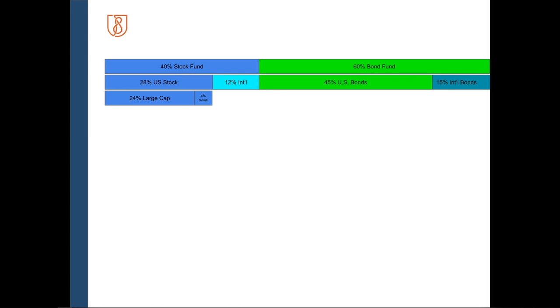Now, if we take just the US stock portion of this example portfolio, we'll say, well, not all US stocks are created equal either. A person who's able to track very, very large companies and tell you what makes a good company and what makes a bad company might have a different skill set than someone who tracks very small companies.